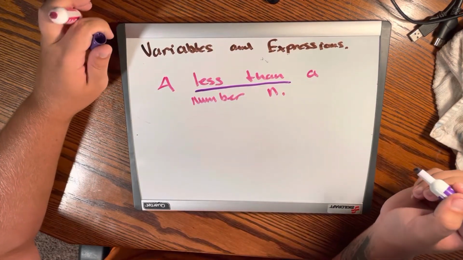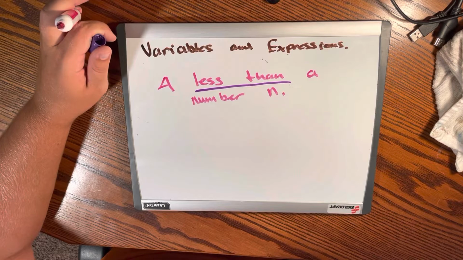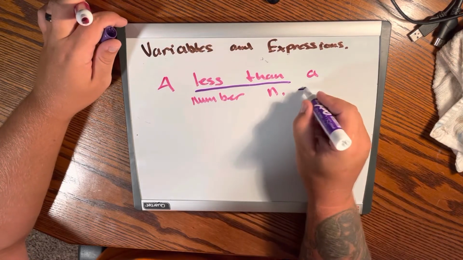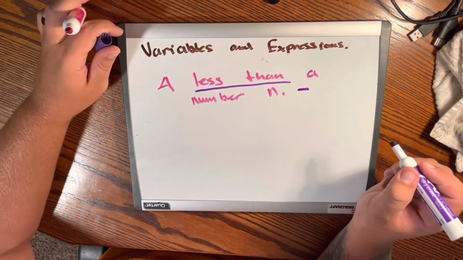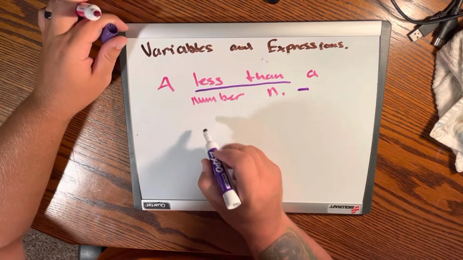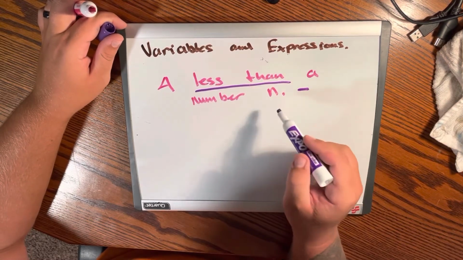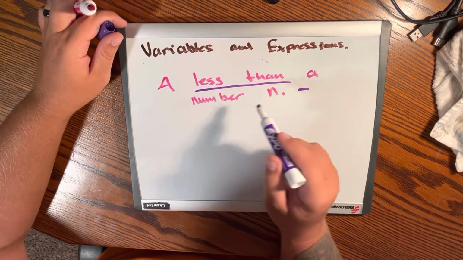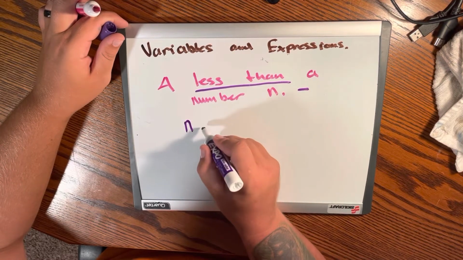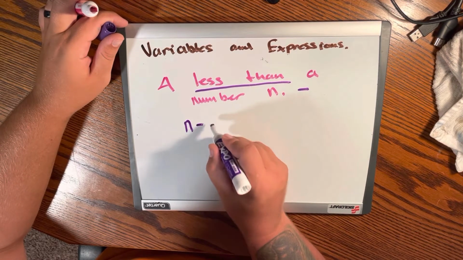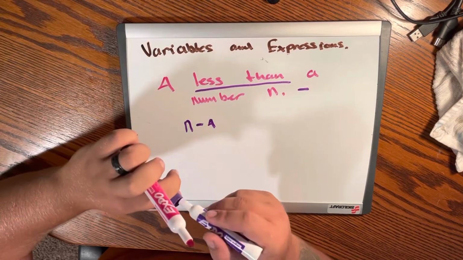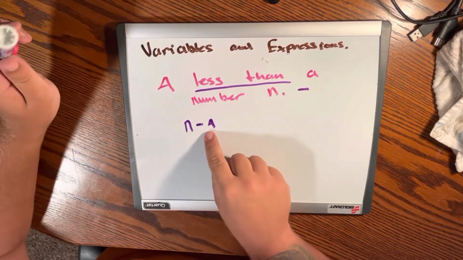So it's going to be add, subtract, multiply, divide. What do you think? You said subtraction. You're right. Now, just like we did on the other one, it's 4 less than a number n. Okay, since it's 4 less than it, we have to start with the variable n, and then subtract 4 from that. Okay, so this would be our variable expression.